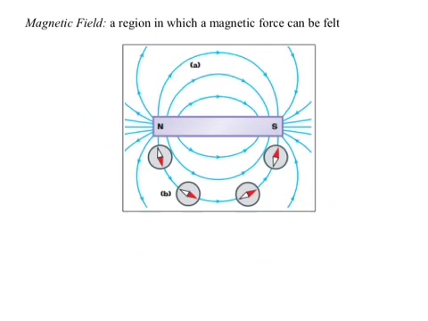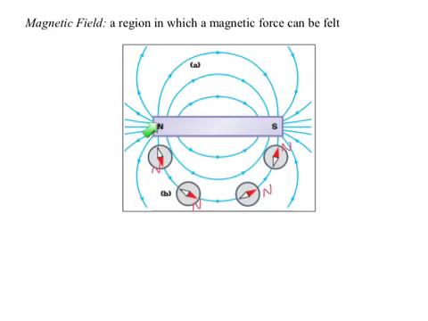And finally, a magnetic field is a region in which a magnetic force can be felt. Traditionally, the direction of the magnetic field at any location is simply defined as the direction in which the North Pole of a compass would point at that location. Now, think about this logically. The North Poles are all of these colored-in poles here. What you notice is that the North Pole faces away from the North Pole of the magnet because like poles repel.